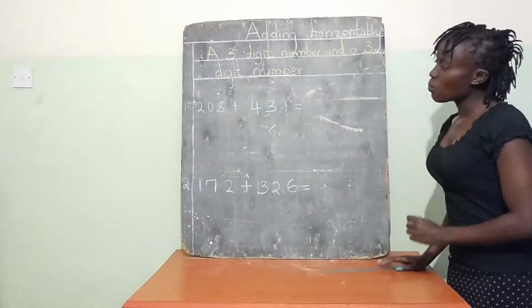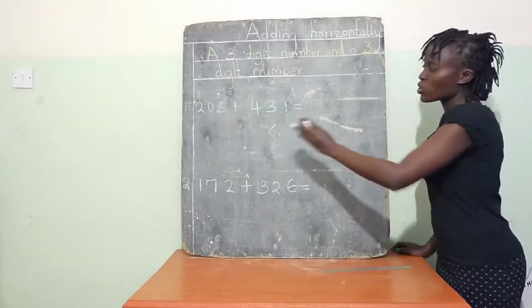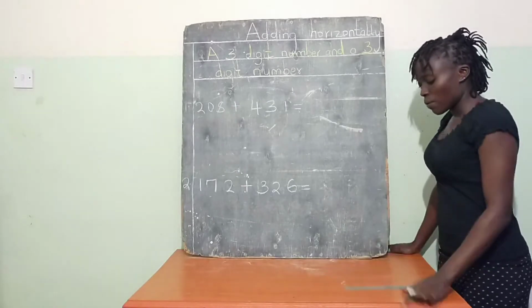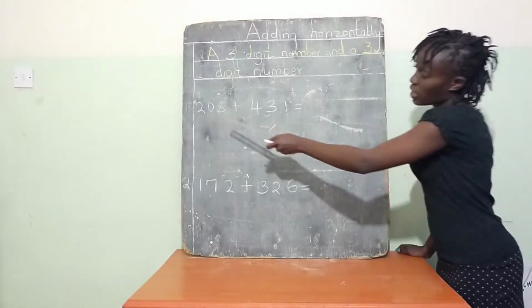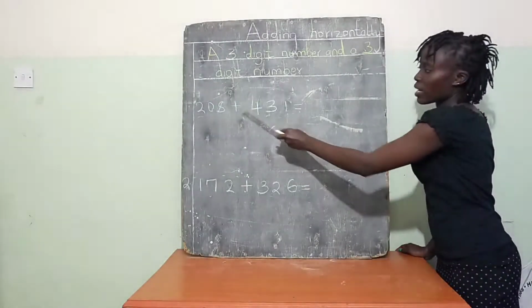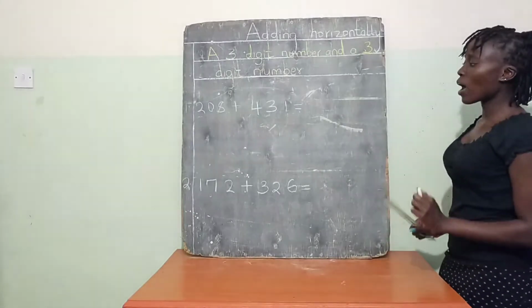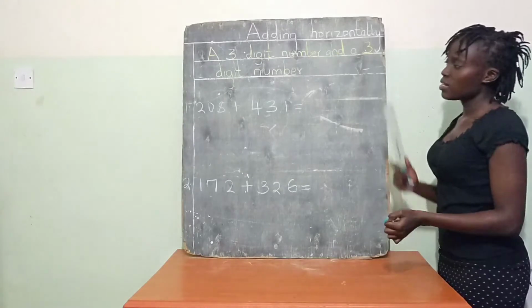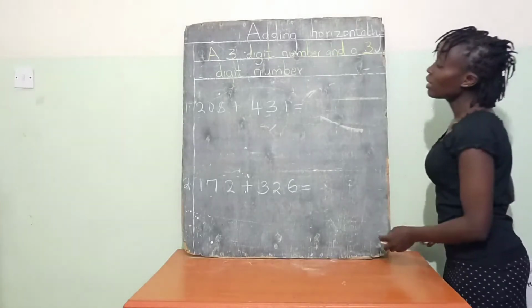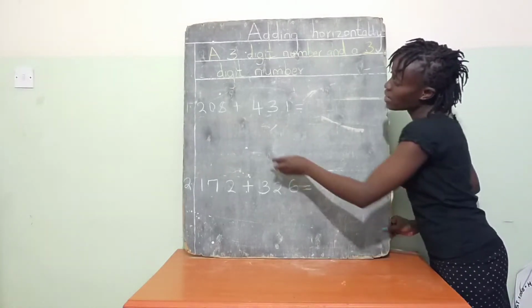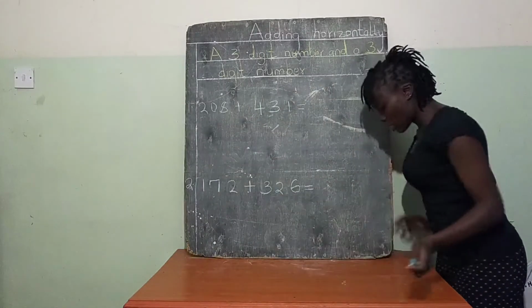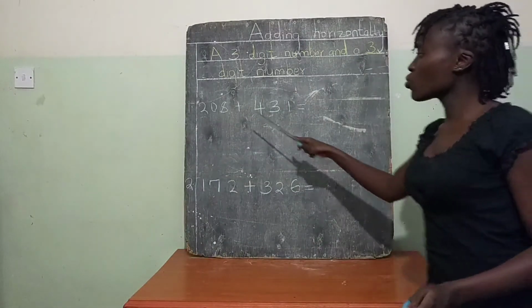Remember we said when we are adding horizontally, we first find the place value. So our first question is 208 plus 431. We first start by finding the place value of 208.